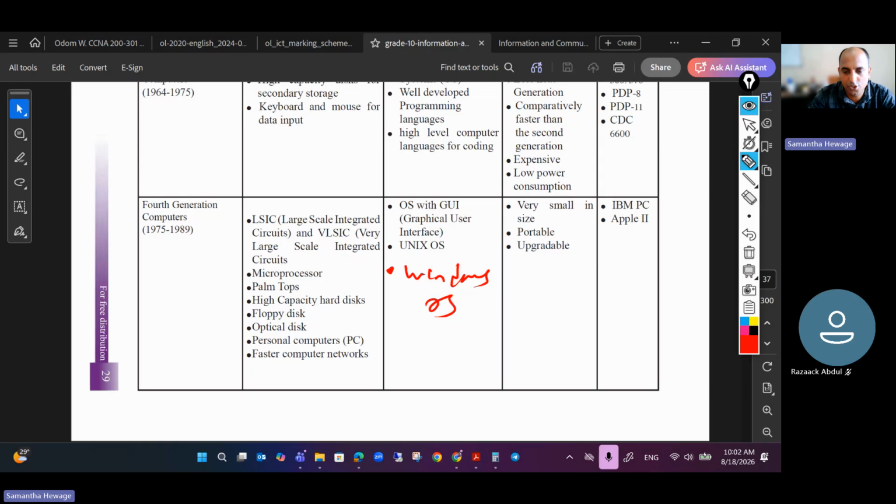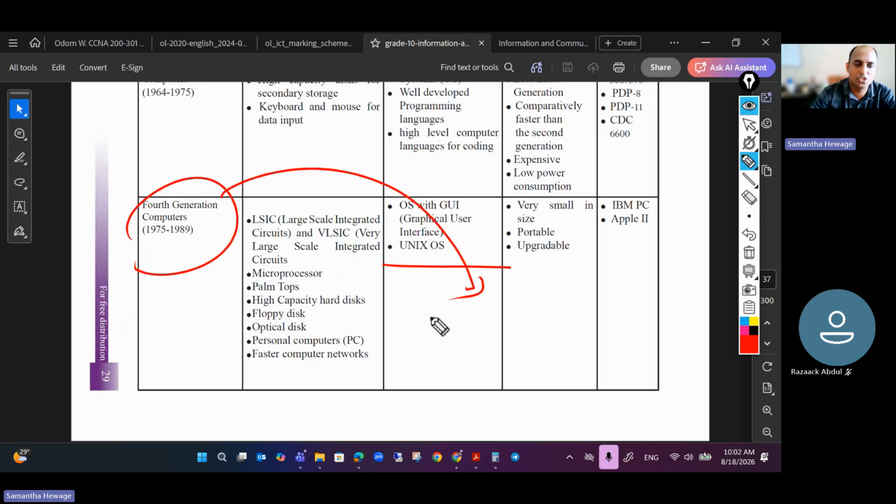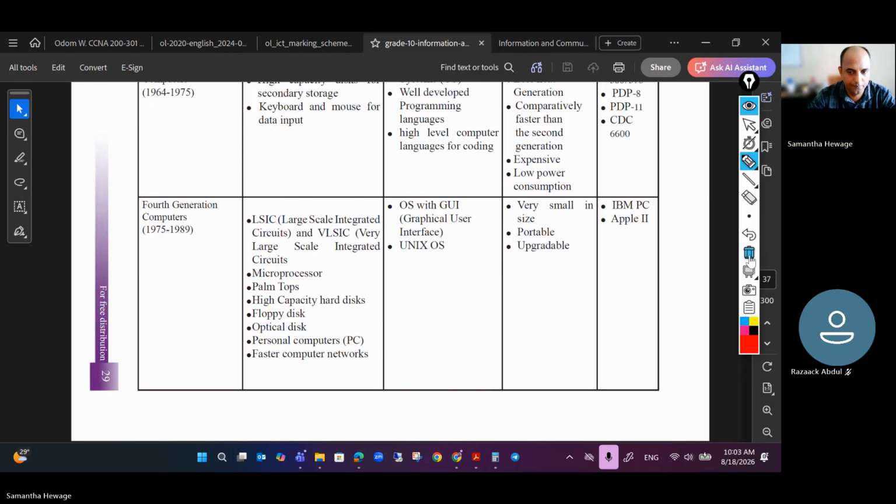But it's not under your syllabus, but you should know, right? They didn't mention that Windows was born in this generation, but Windows was born in 1985, right? 1.0 introduced. So it was in the 4th generation, not only the Unix operating system. So OS with GUI mostly go with the 4th generation computers.